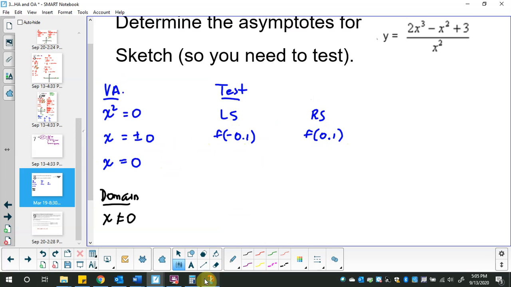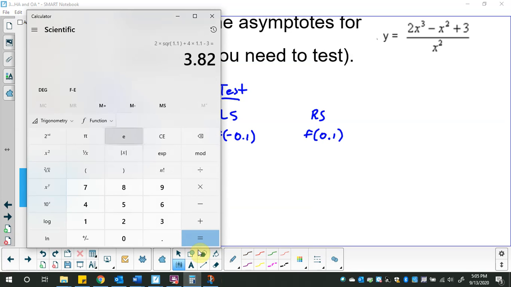So I am going to dig out my calculator for this. So 2 times bracket 0.1 negative bracket to the 3, did you notice that?